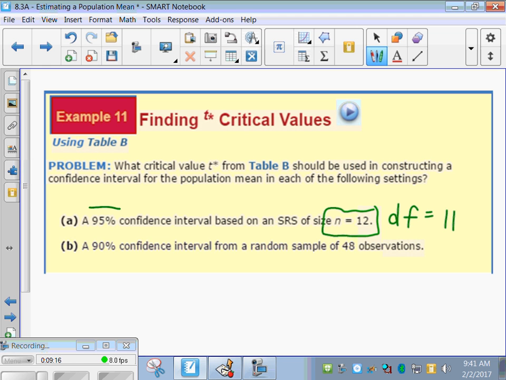For our 95% confidence, this is the same thing we did with the z-scores. You take the 5% and divide by 2 because you're finding the point on the graph, okay? So 5% is 0.05 divided by 2. We want to find 0.025.